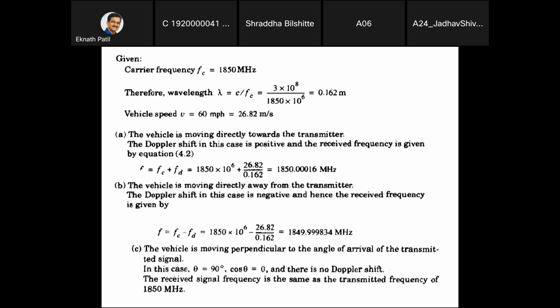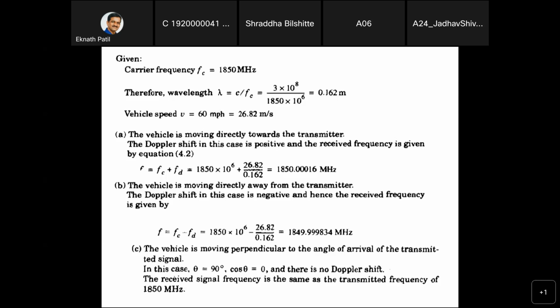First convert miles per hour into kilometers per hour. After that, convert into kilometers per second, and then into meters per second. So this is the procedure.